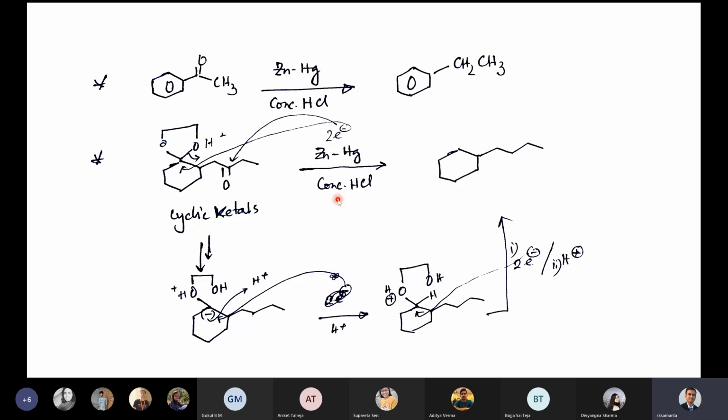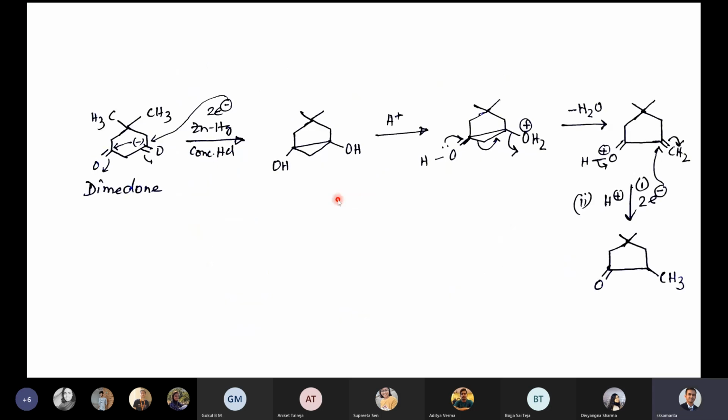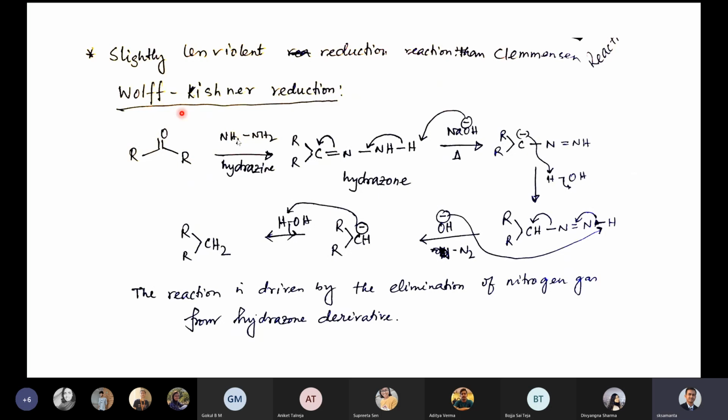So you would need a reaction in a basic medium. For those two purposes, to make it a milder condition as well as to make it in the basic medium, Wolff-Kishner reductions are important. This reaction is slightly less violent than the Clemmensen reduction, and this also takes place in the basic medium. It's the Wolff-Kishner reduction.